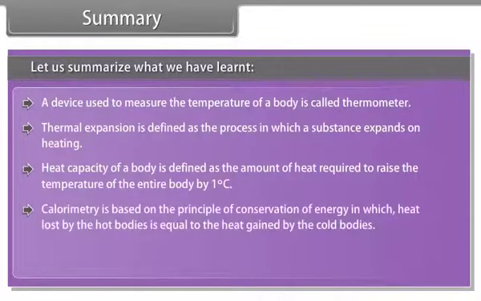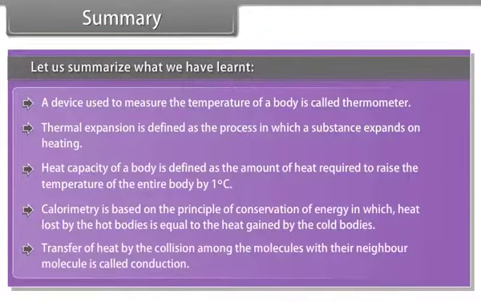Calorimetry is based on the principle of conservation of energy, in which heat lost by the hot bodies is equal to the heat gained by the cold bodies. Transfer of heat by the collision among the molecules with their neighbor molecules is called conduction.